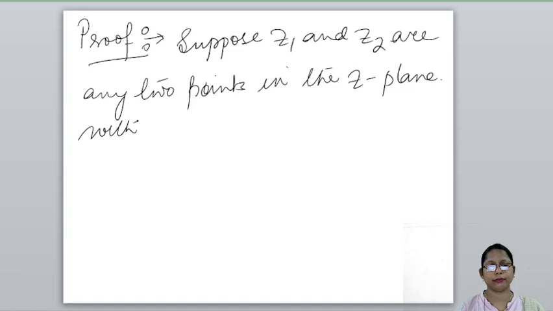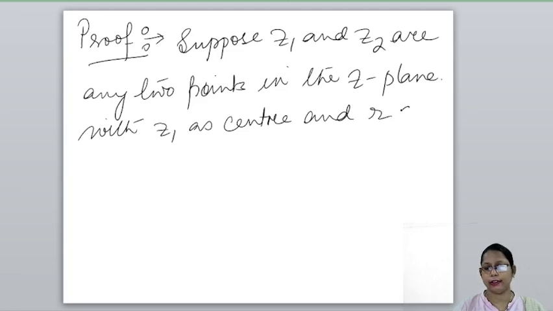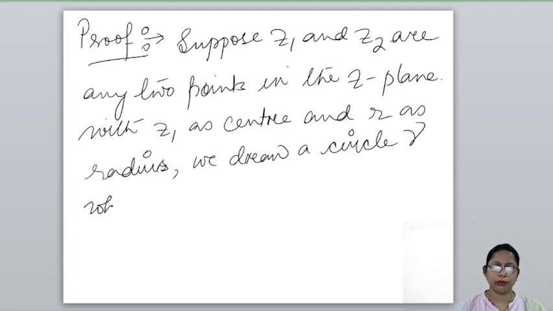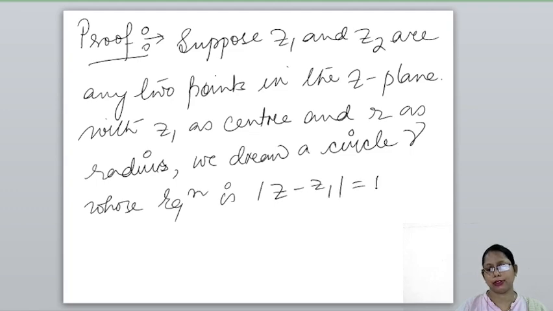With z1 as center and radius r, we draw a circle gamma whose equation is |z - z1| = r.